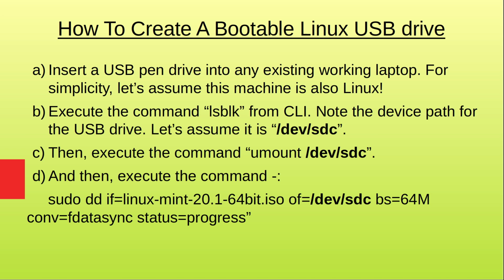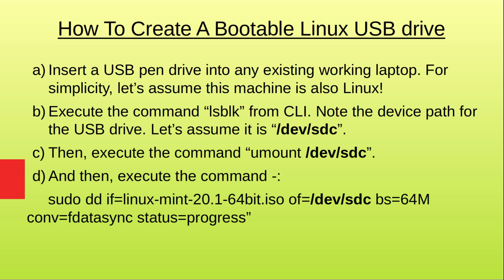Let's assume that it is /dev/sdc, because generally /dev/sda will be for the hard disk, etc. So suppose it is /dev/sdc, then you need to execute the command umount /dev/sdc, so that it will unmount the drive on which the USB is inserted.